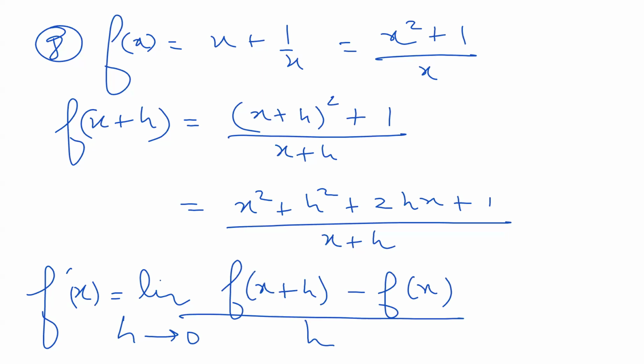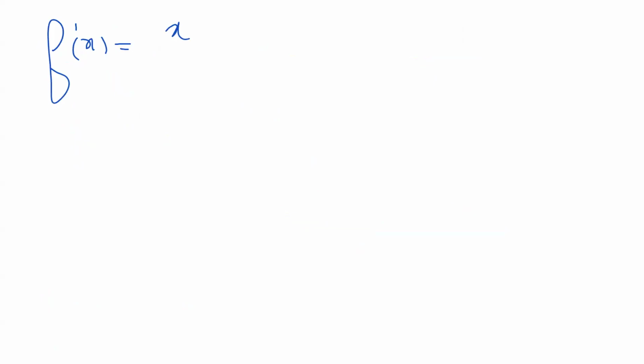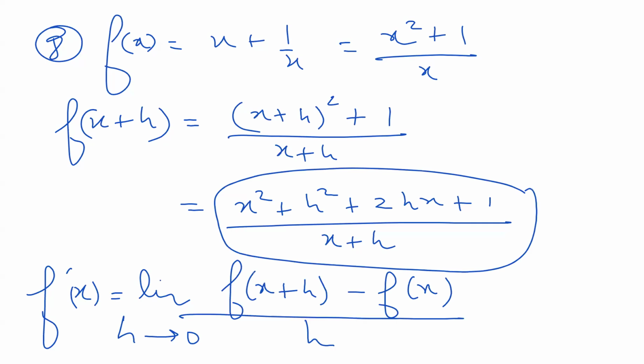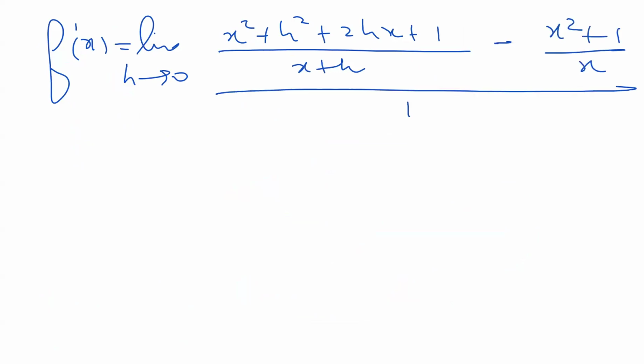So f dash x, let's put the value of f of x plus h. F of x plus h is this, x square plus h square plus 2hx plus 1 upon x plus h. Okay. Minus x square plus 1 upon x divided by h.